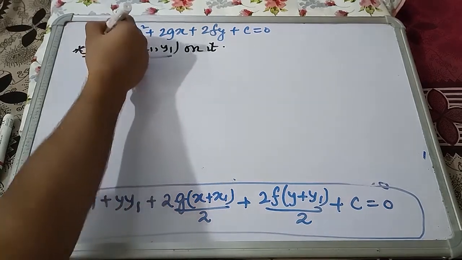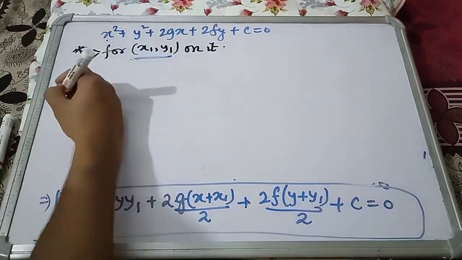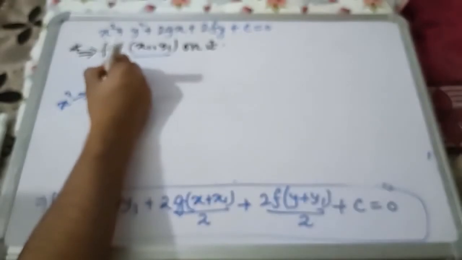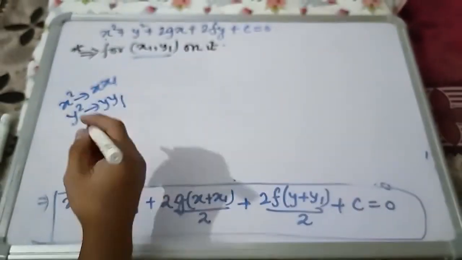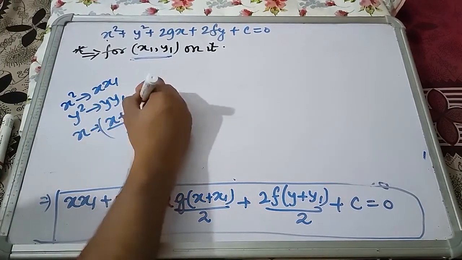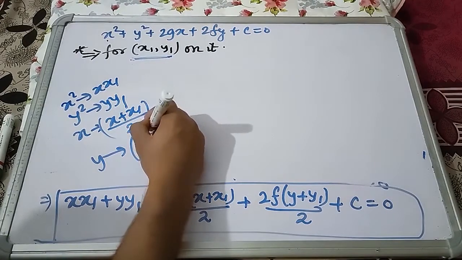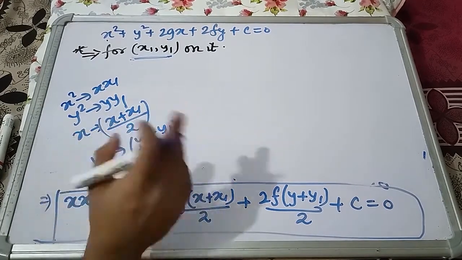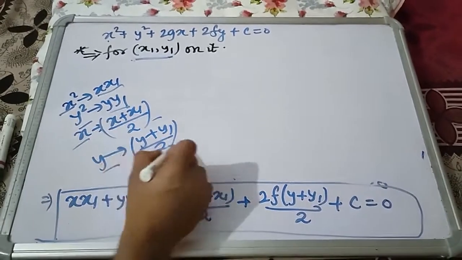So what we see is that x square is transformed to x x1, y square is transformed to y y1, x is transformed to (x plus x1) by 2, and y to (y plus y1) by 2. You are keeping the degree the same: both are second degree terms, and first degree terms go to first degree terms.